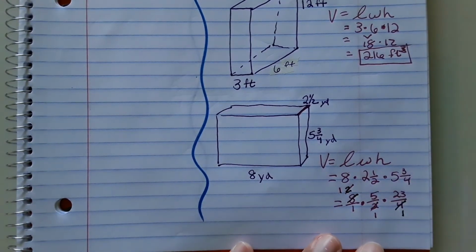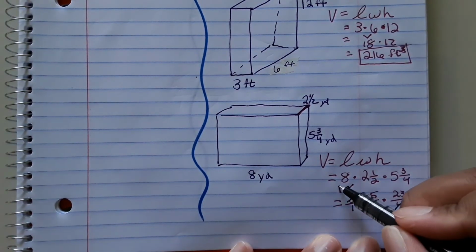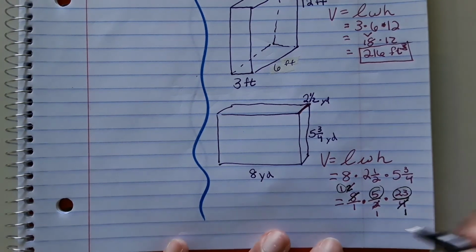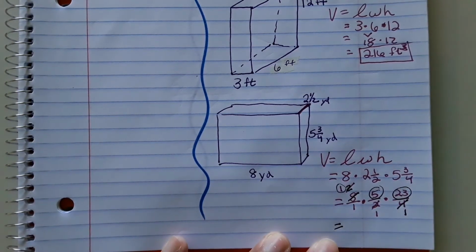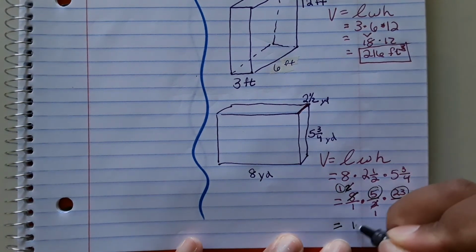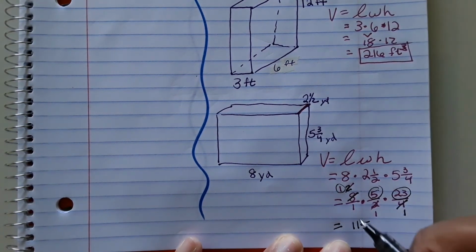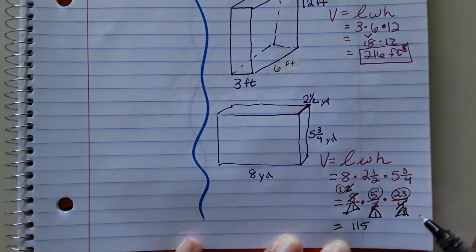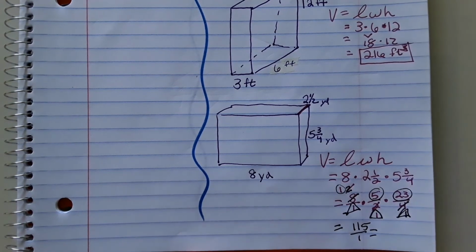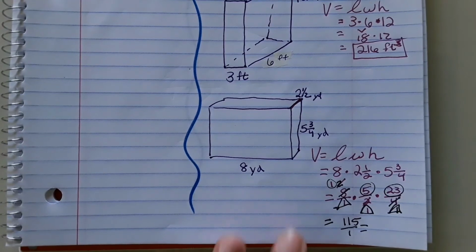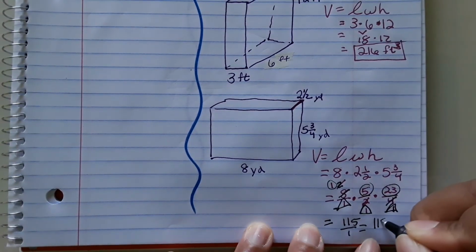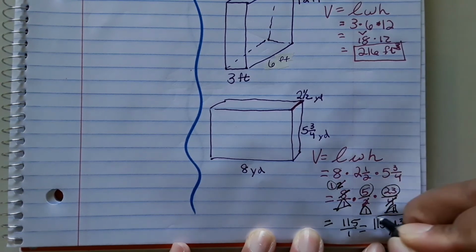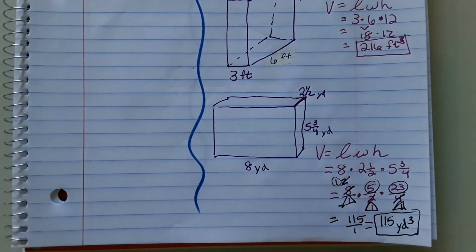So I'm left with just 1 times 5 times 23 on the top, which brings me to 115. And on the bottom, I have just 1 times 1 times 1. Made it so easy. So 115 over 1, so the answer would be 115. And we're measuring in yards, so yards cubed or cubic yards.